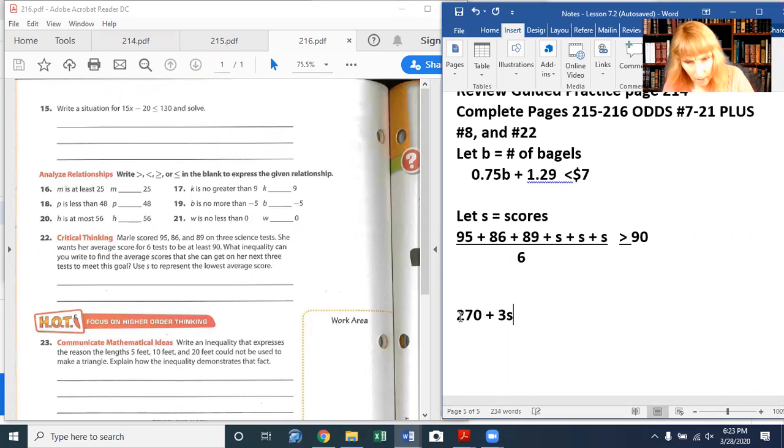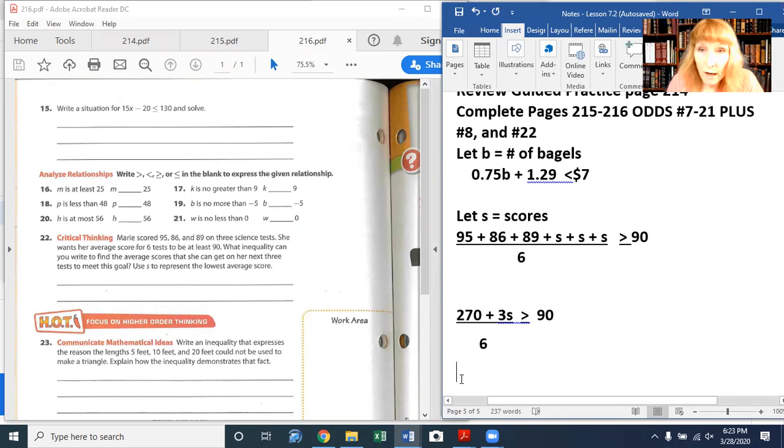And all of that can be divided by 6. And we're just kind of simplifying our equation. And then that has to be greater than or equal to 90. Okay, so that's how you do number 22.